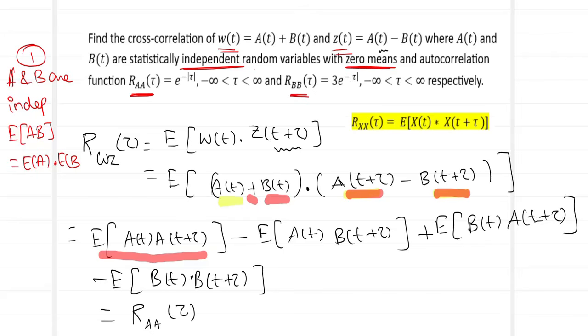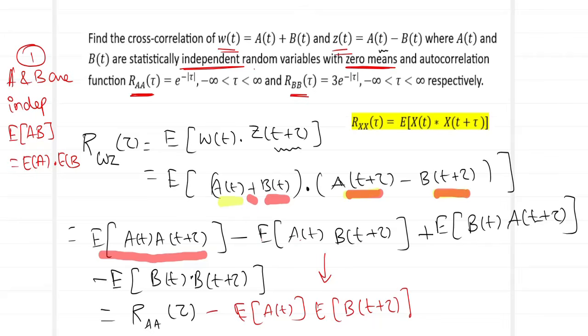Applying criterion 1 to this product of A and B, you can write this as E of A of t into E of B of t plus tau. That is the expansion for the second term.